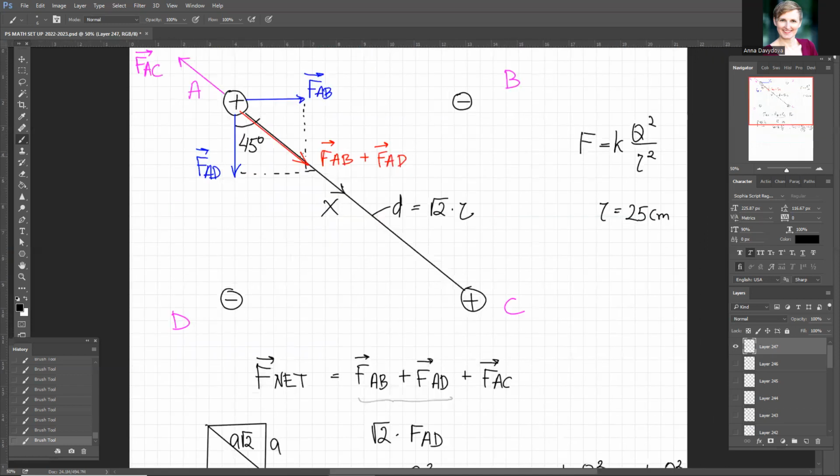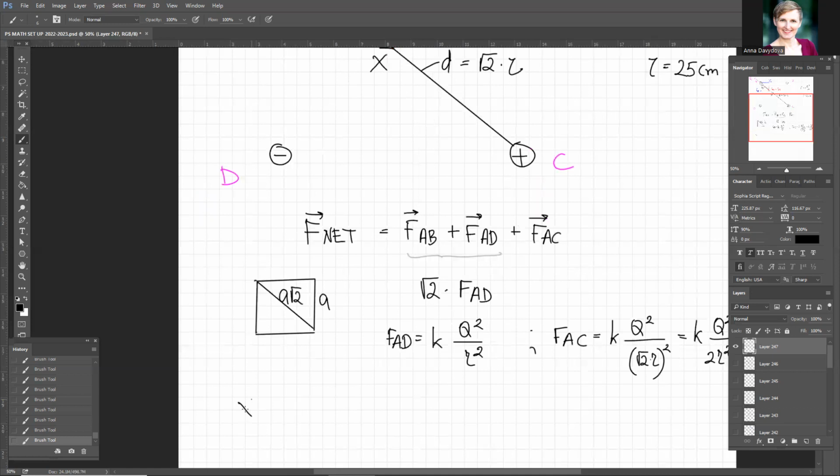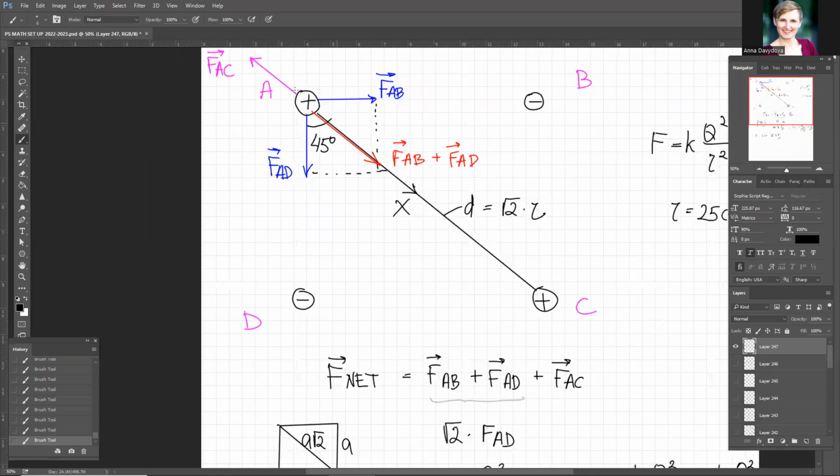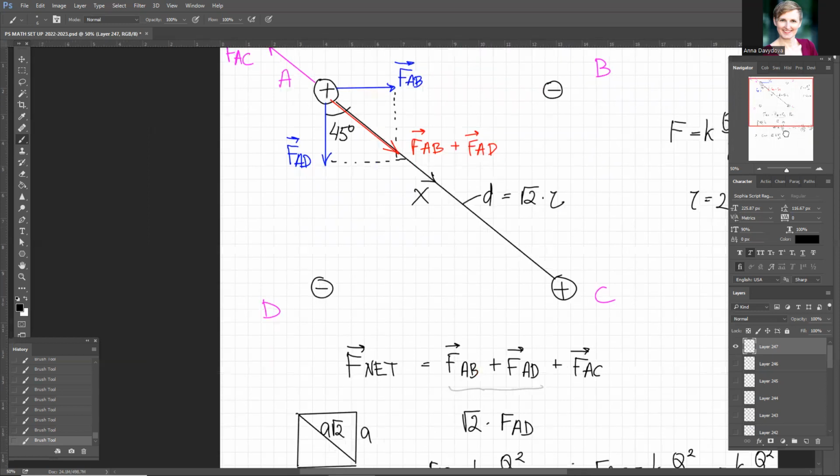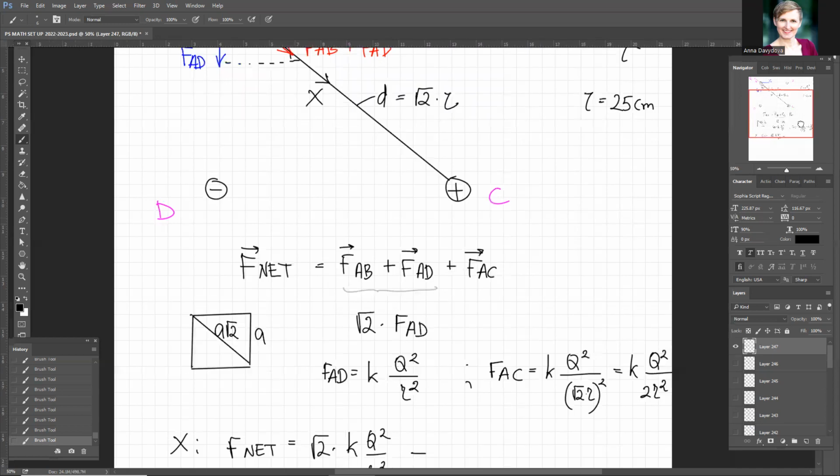Just to mention that the red vector is along x. So instead of AB and AD, I use √2 times k q squared divided by r squared, plus FAC. FAC is pointing in a different direction than my chosen x-axis, so I have to put a minus. What's FAC?